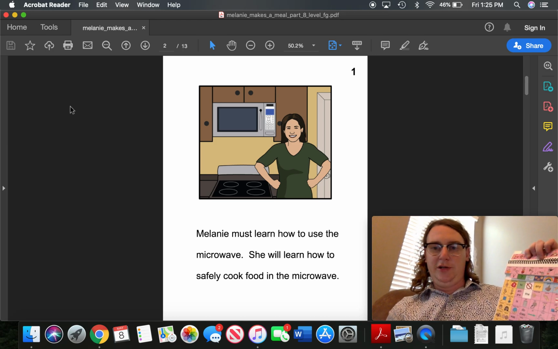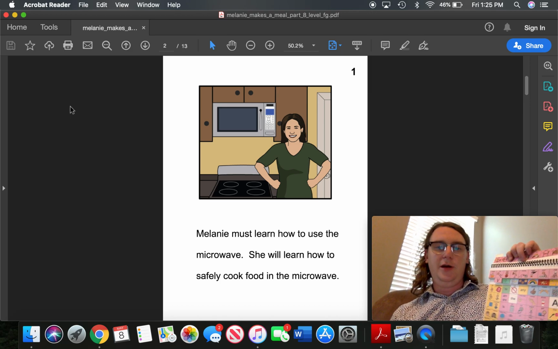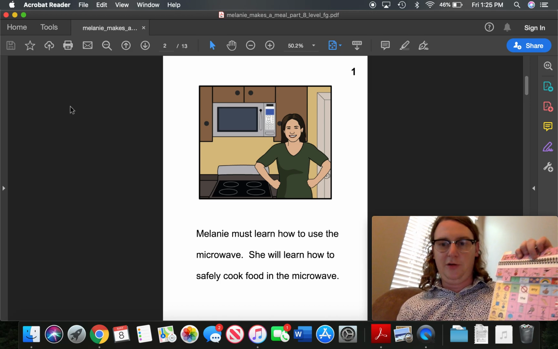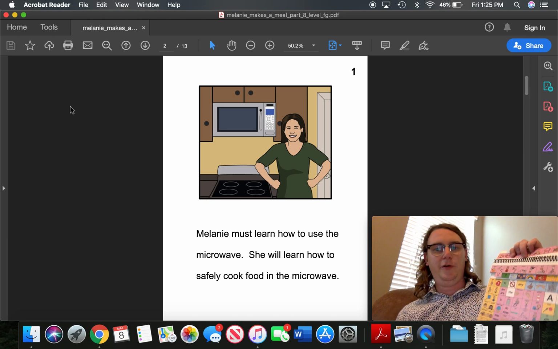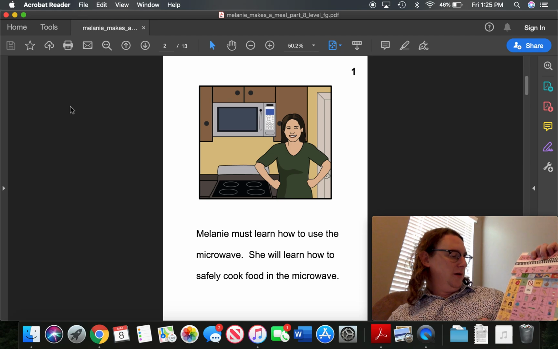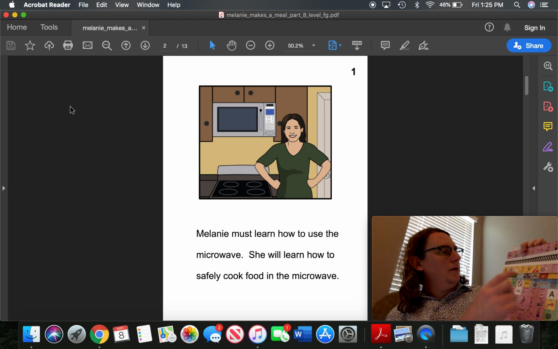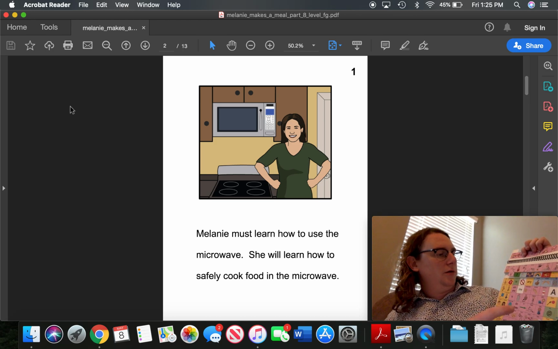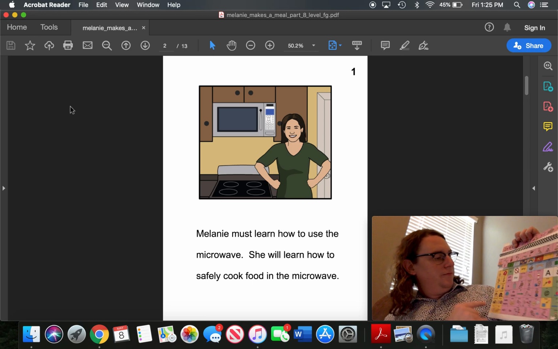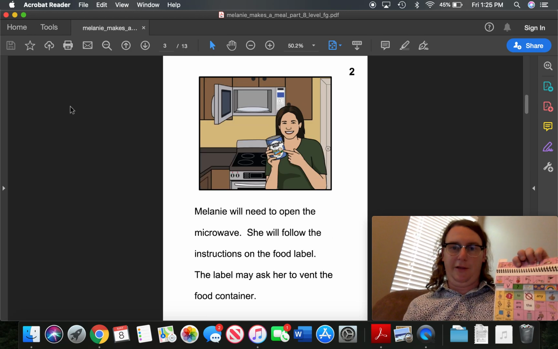And then I would just point to the microwave to show that it is represented by the microwave. And you can just repeat that again for she will learn how to safely cook food in the microwave. Or she will know how to make it good. Something like that.